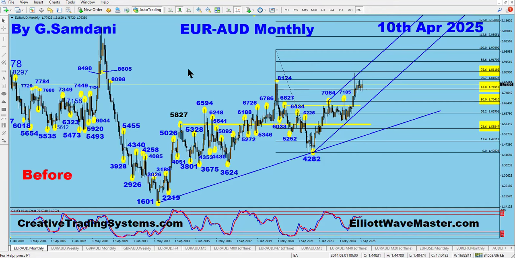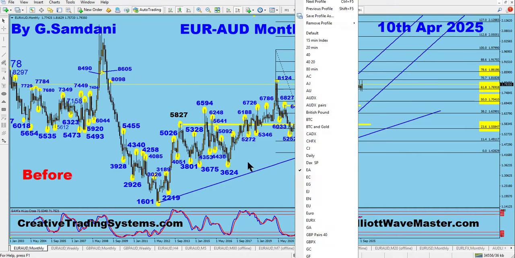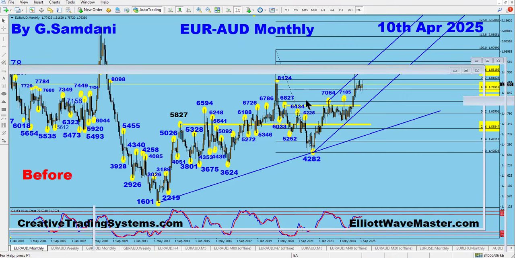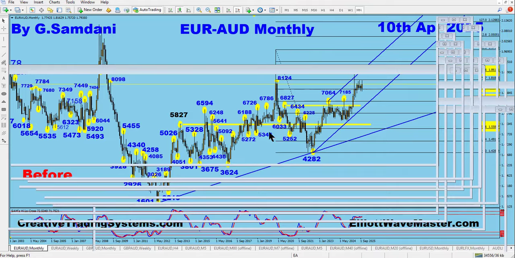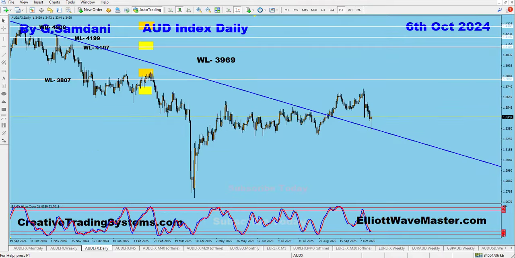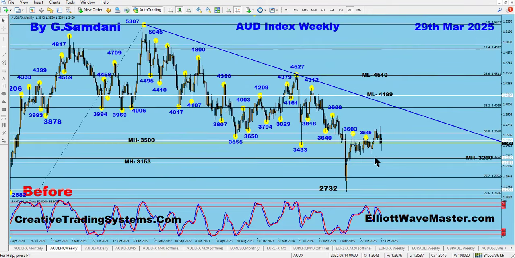Let's take a look if Aussie is getting weaker, right? Because that is taking the Euro Aussie and Pound Aussie to the upside. So let's take a look at the Aussie index, if that is the one that is the culprit. The weekly chart first, right? So this is the weekly chart, which is not telling much here.